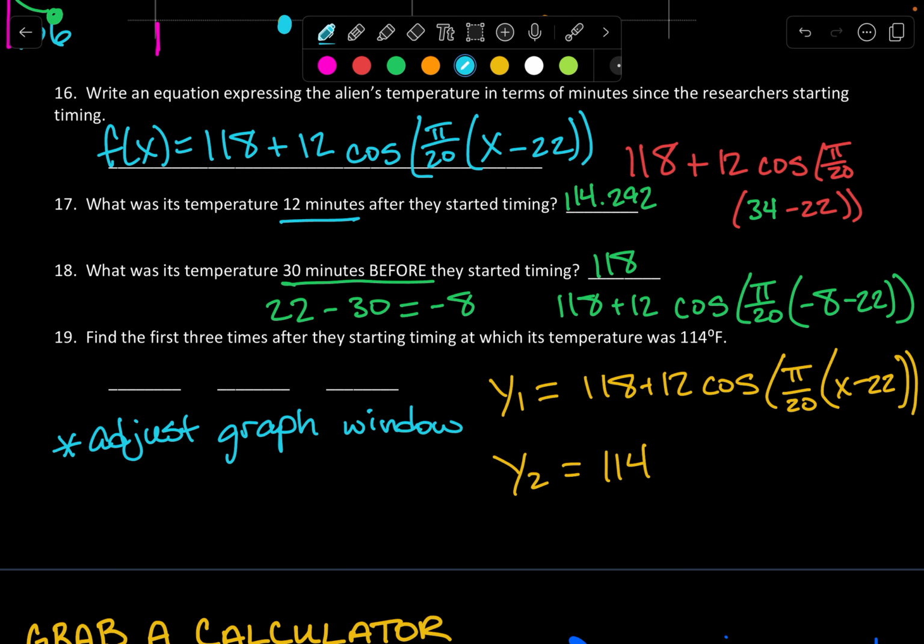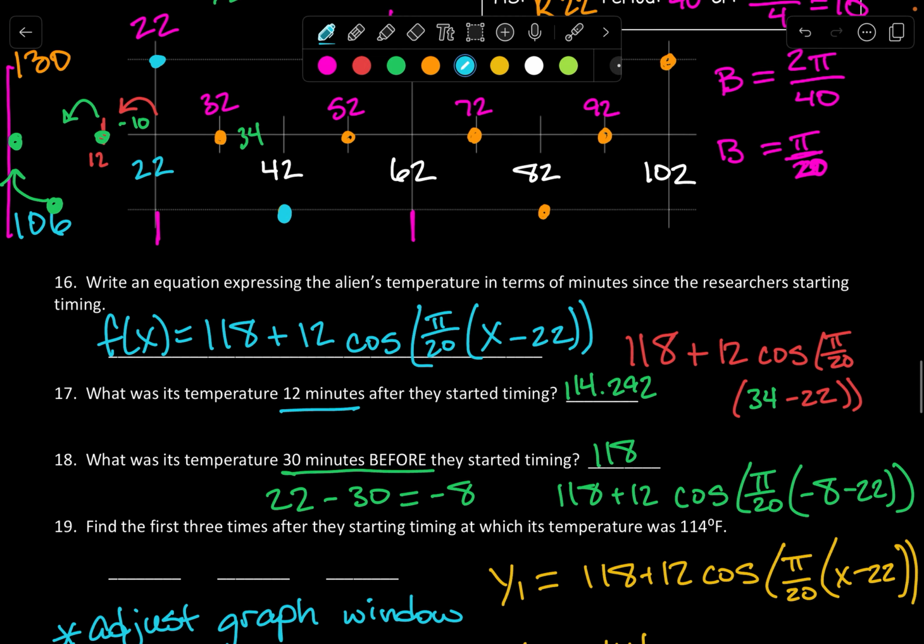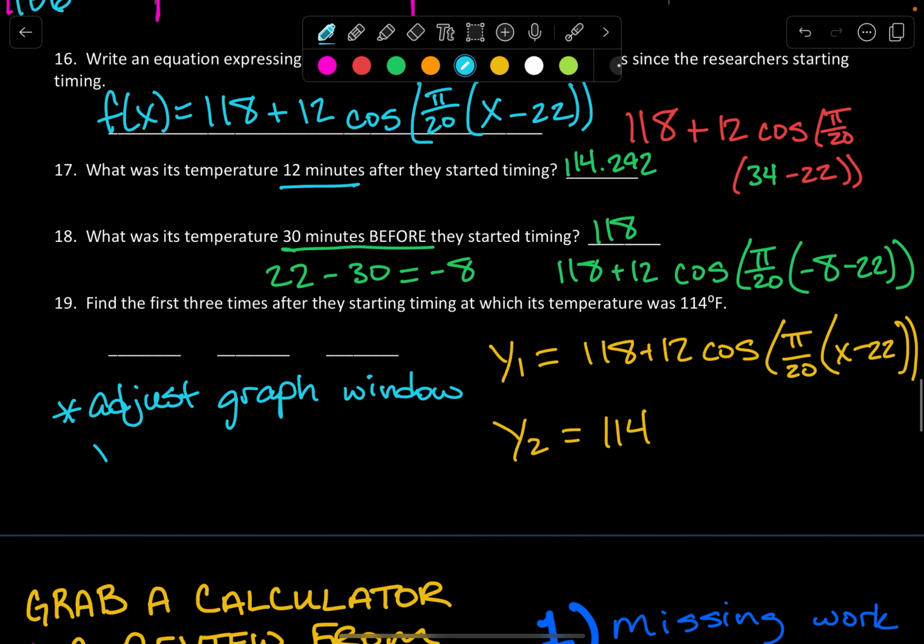Mine's in standard right now, and I don't see anything. So if you think about it, this graph has been shifted up 118, and it has a maximum of 130. So maybe make your y max somewhere like 150. You could even change your y scale to tens so that it fits a little better.